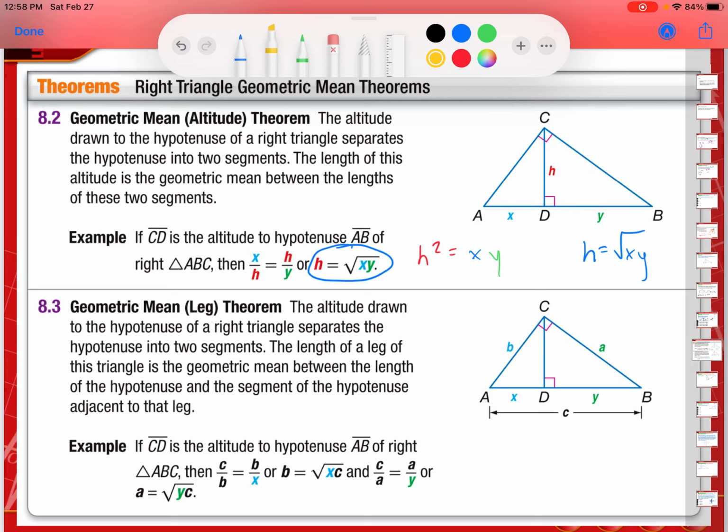So if I was writing notes, if I was in your shoes, what I would do for my notes here, I would draw that picture and label it. I would write that proportion, and I would write that as well, h equals square root of xy.